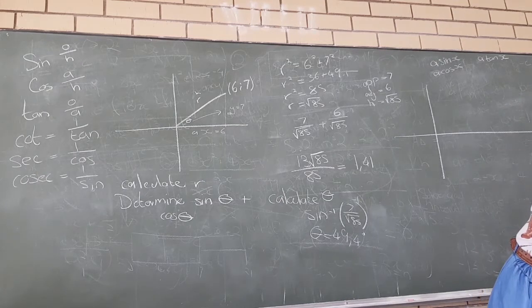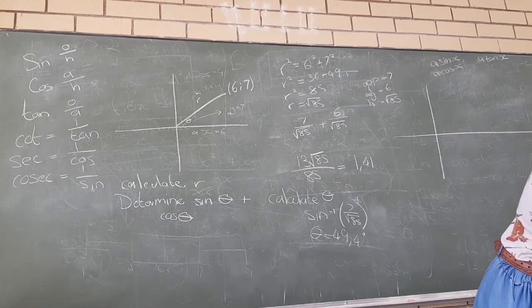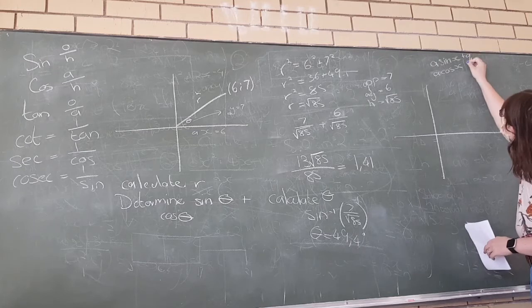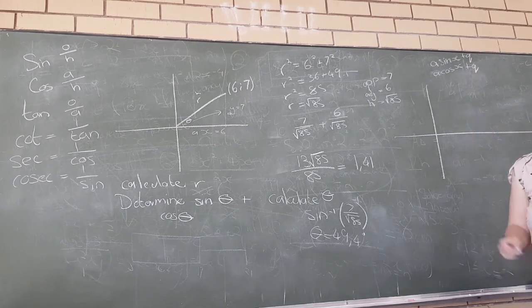The third one is not the amplitude. What does the Q stand for? Vertical shift, thank you. Q stands for vertical shift.